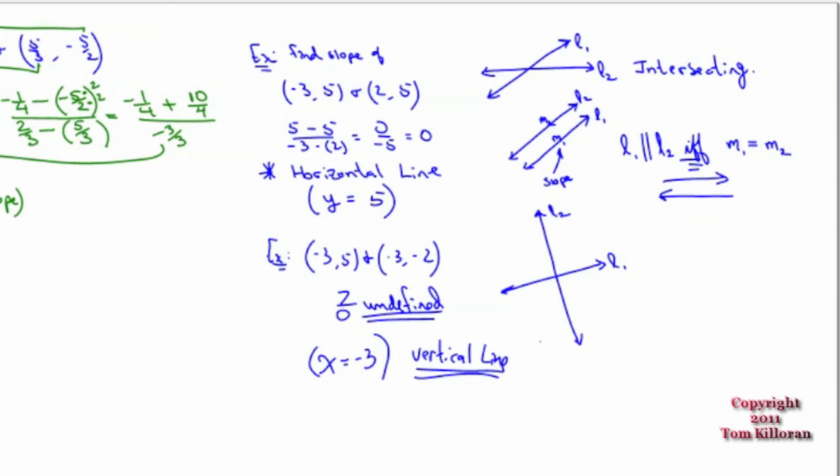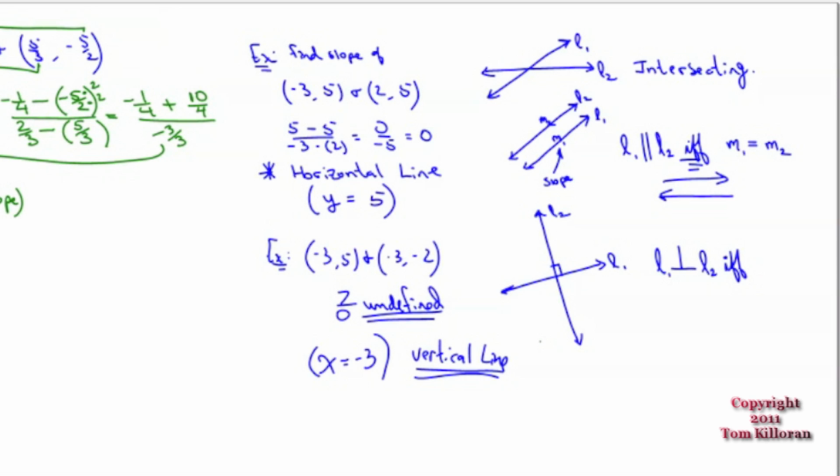There are two lines that intersect, so they're still intersecting lines, that form a right angle. All you need is one, because that forces all the rest of them to also be right angles. So, how do I know line 1 is perpendicular, that's a symbol for perpendicular, to line 2? What condition has to be met?